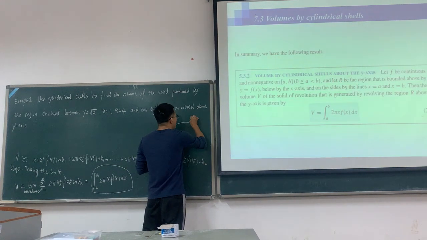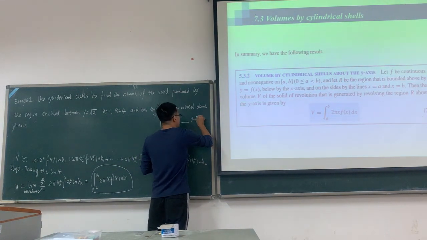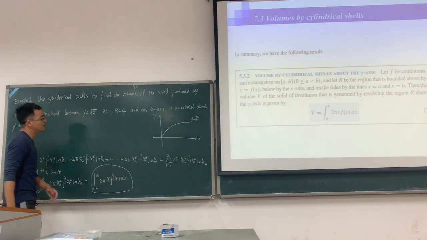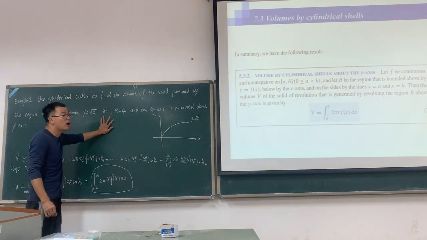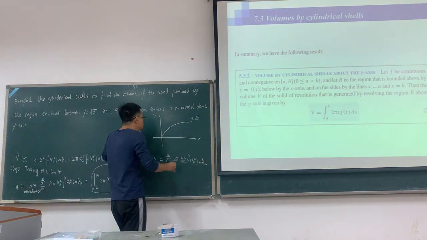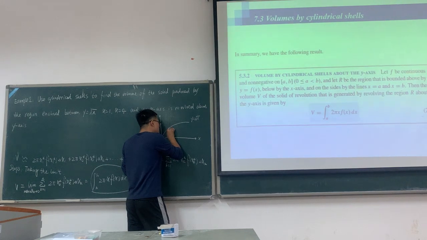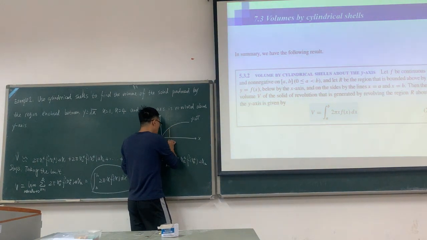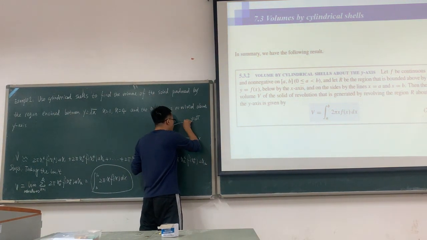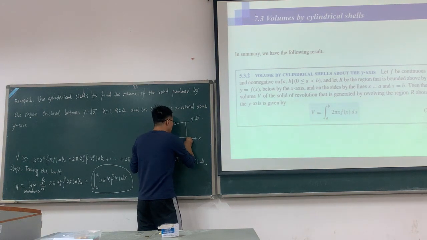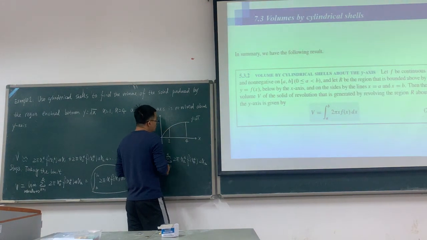Then x equal to 1 and x equal to 4. When x equal to 1 it is here, and x equal to 4 is here. So the region actually is this region.